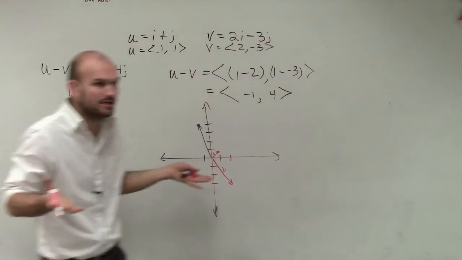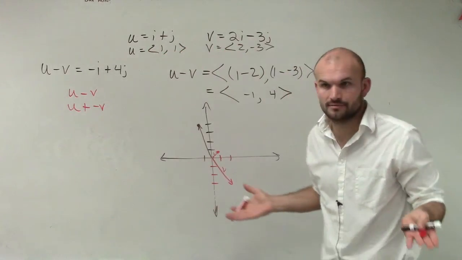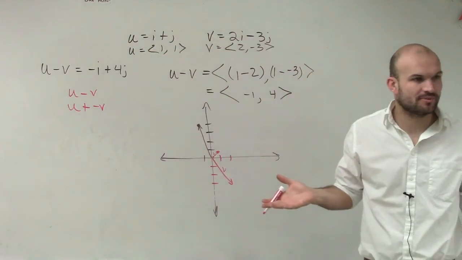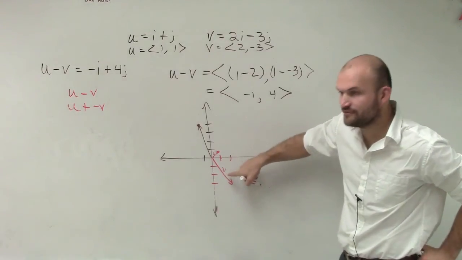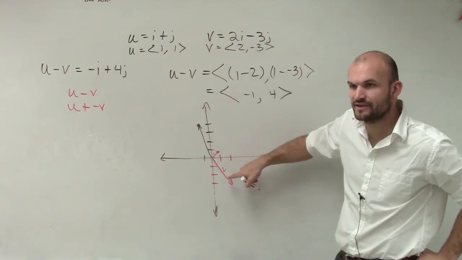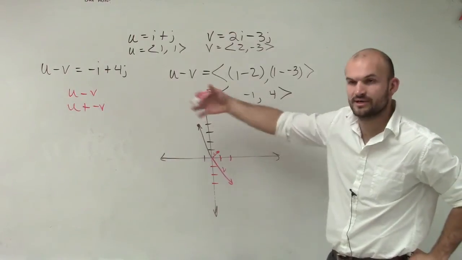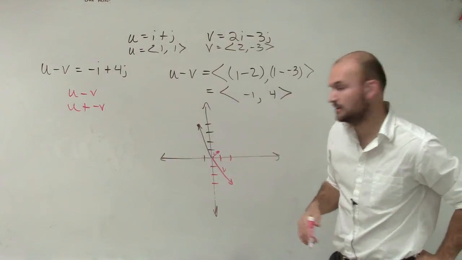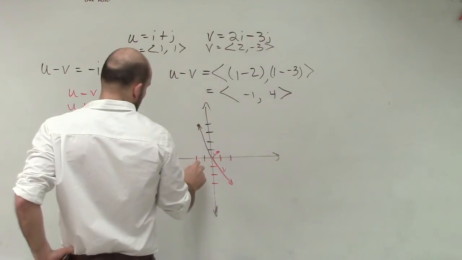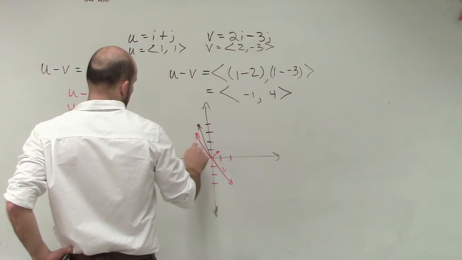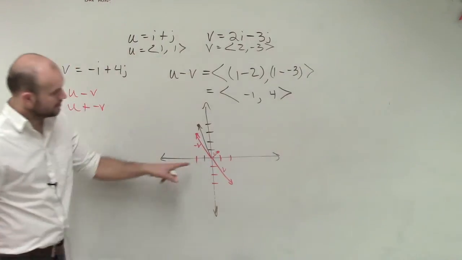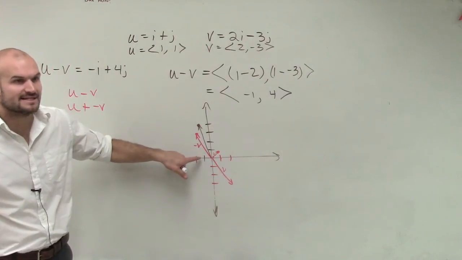Is that okay to do? Yes, right? 3 minus 4 is the same thing as 3 plus negative 4, right? Now, if v looks like this, what does negative v look like? Well, it's just going to be a direct reflection, right? So it'd be over 2, up 3. Right? If this is v, then that's negative v.